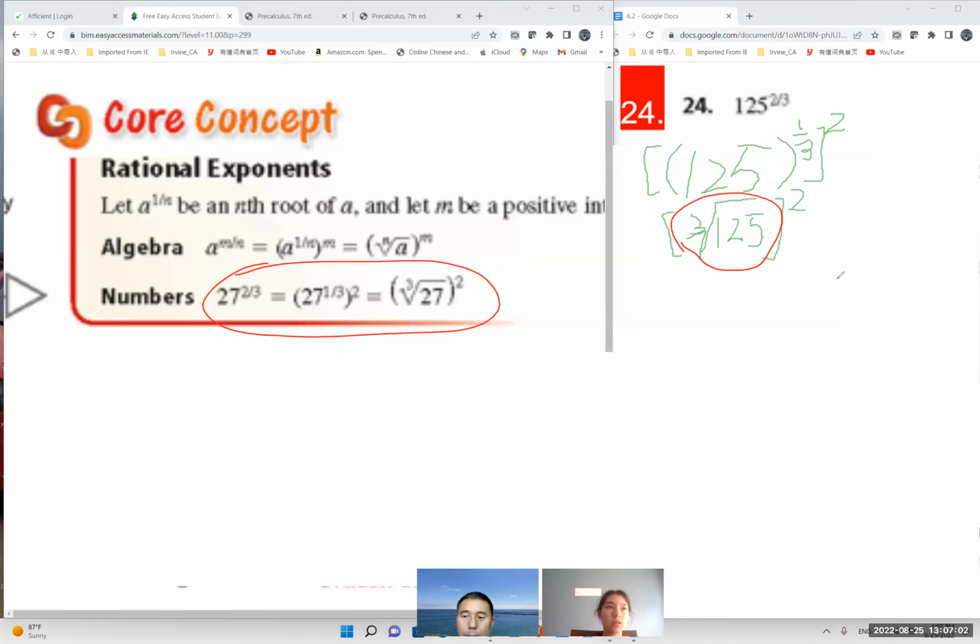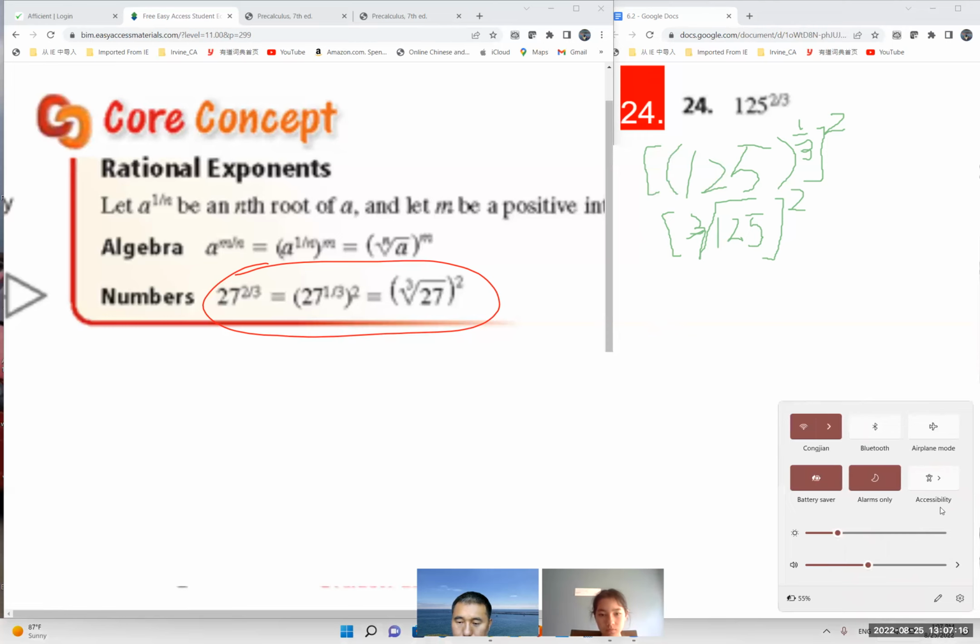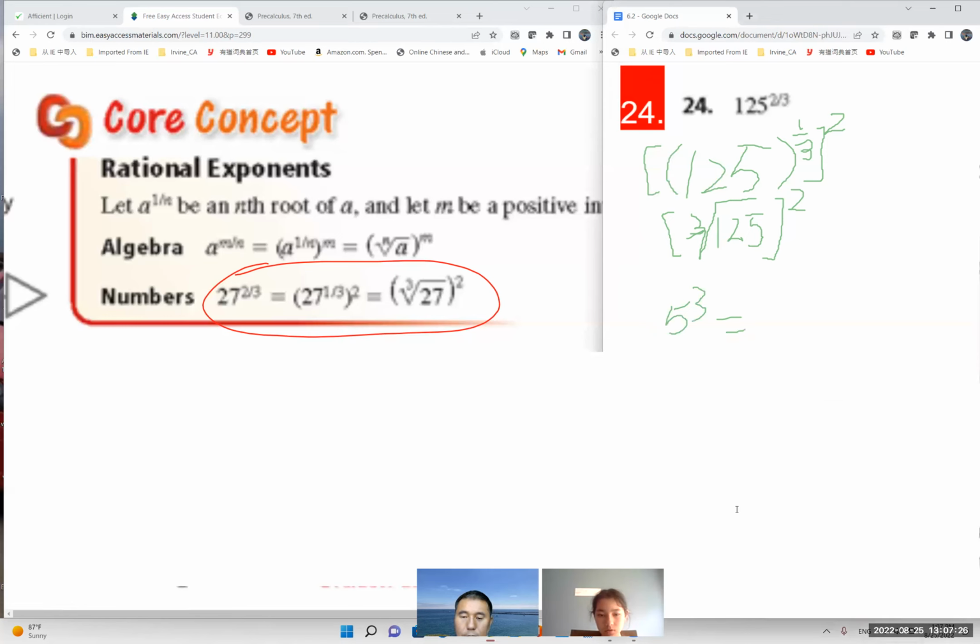Cube. Yeah, I suppose you mean 5 cube equal to this, right?